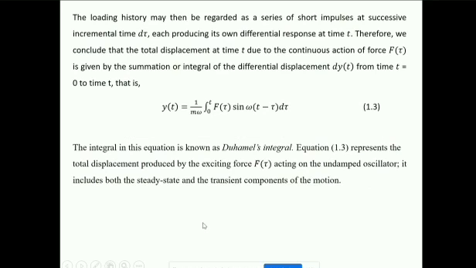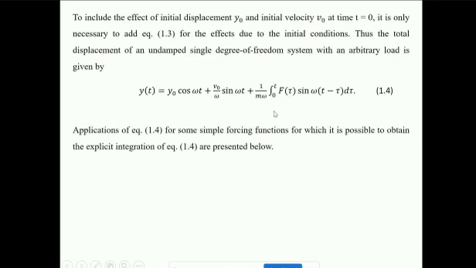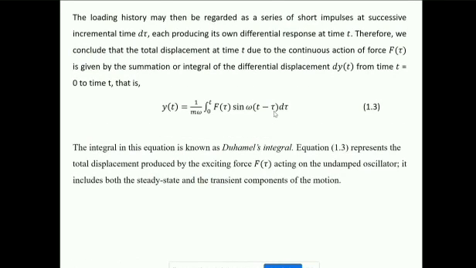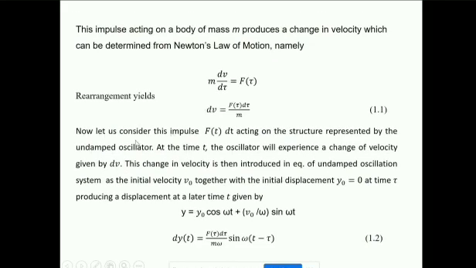So it becomes y(t) equal to 1 over m omega times the integration, because tau is varying from 0 to t, so this integration will be valid over 0 to t, where d tau is the current variable, and it will be f(tau) into sin omega (t minus tau). This f(tau) is the force we are getting for any current value of tau.